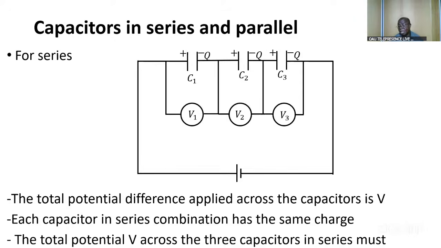For me to get the charge, there was one equation we wrote. C is equal to epsilon naught A all over D. Can you remember that? Yes, the one we wrote. Because we are looking for C, you can first of all calculate your C. C is equal to epsilon naught multiplied by A, all over D. And don't forget, you can get your area.